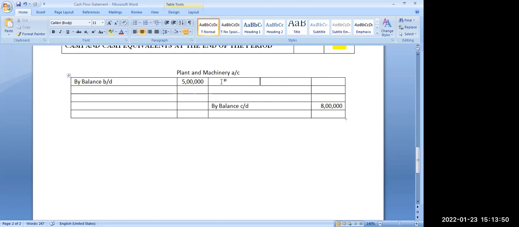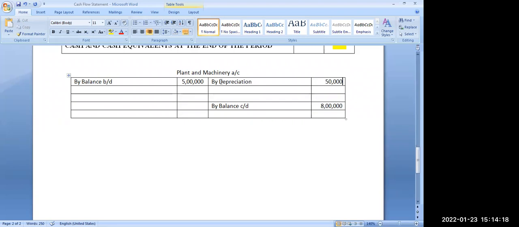If you charge depreciation, the value of the machine will come down. Because of depreciation, the value of the asset has come down. 50,000 was charged.